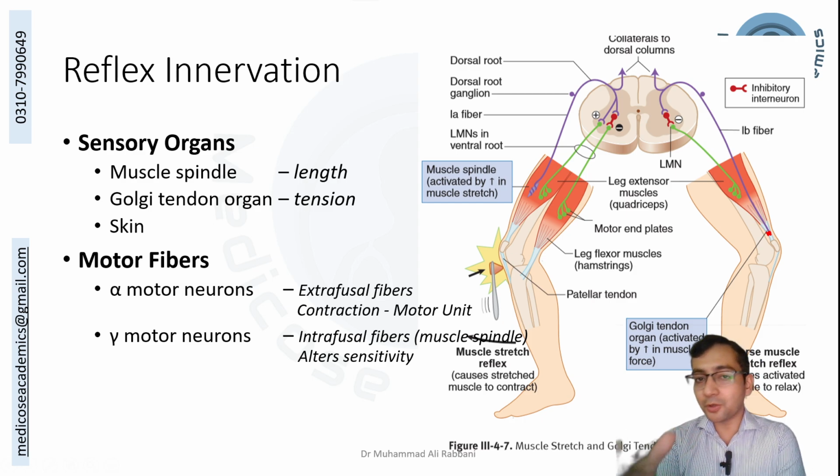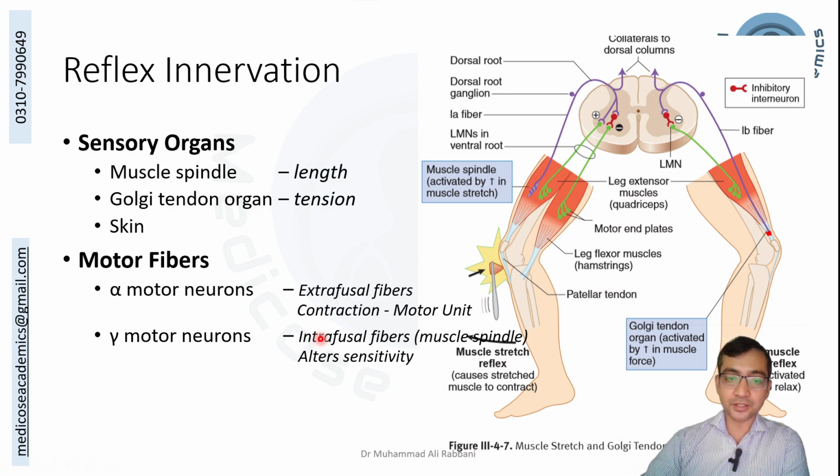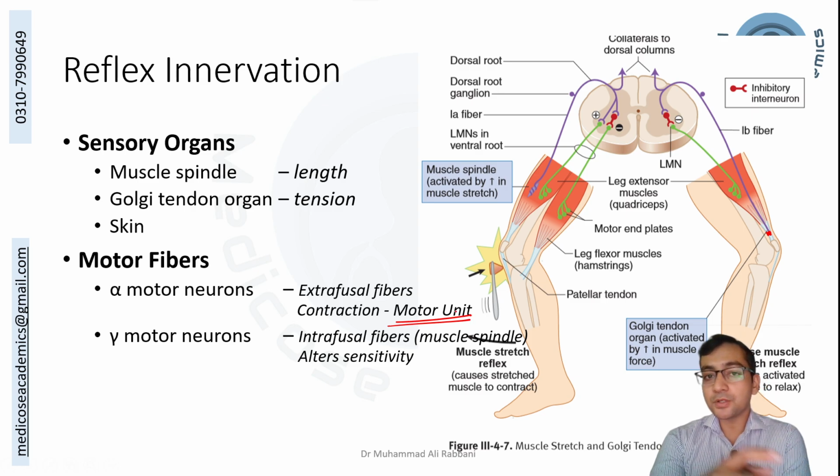So alpha motor neurons are going to supply the extrafusal fibers only, leading to the contraction of the motor unit. By the way, a motor unit was all the muscle fibers that are supplied by a single axon. Gamma motor neurons supply the intrafusal fibers, the muscle spindle fibers, and they lead to the contraction of those cells.